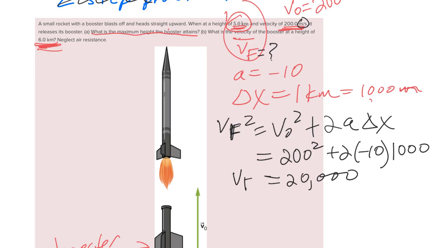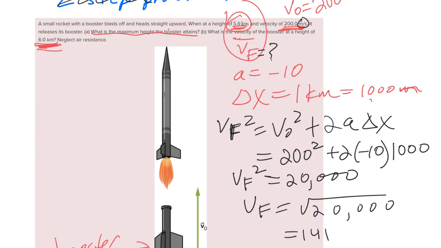And so Vf squared is 20,000, so the square root of 20,000 is equal to 141 meters per second, which is still really fast.